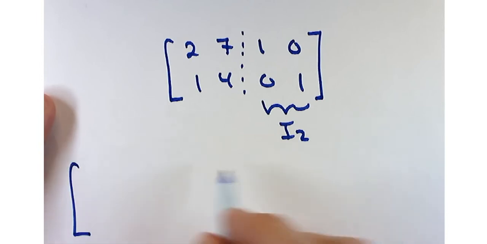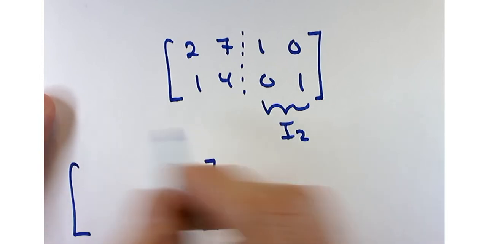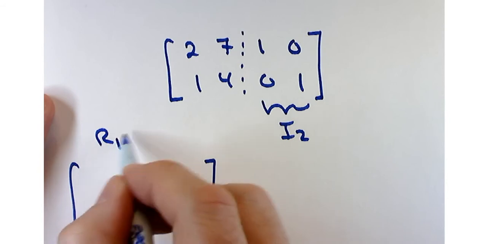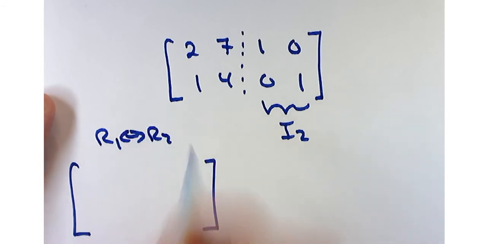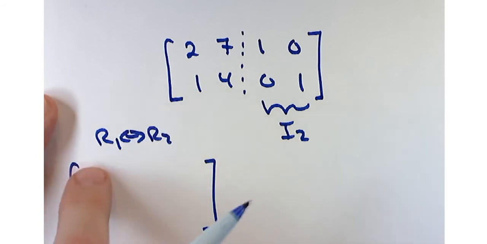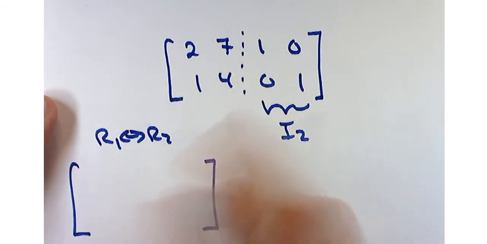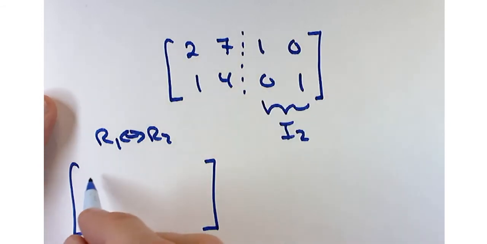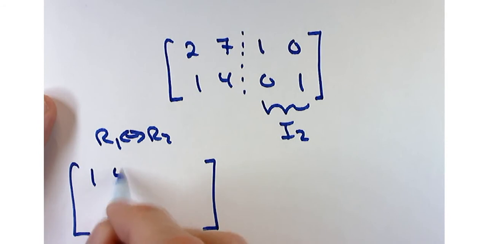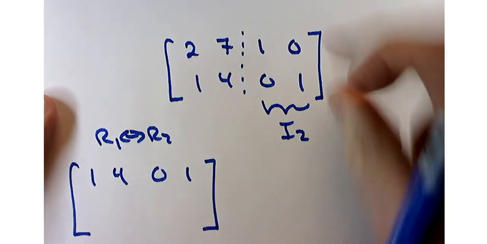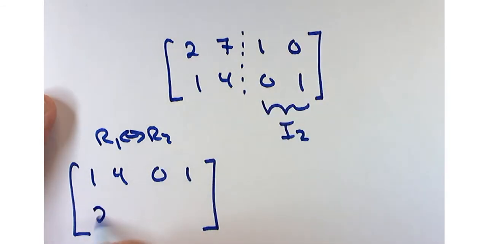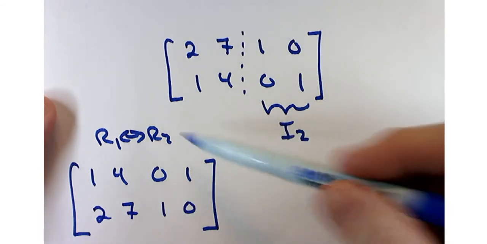And by hand, I think I would interchange row 1 and row 2. I want to get a 1 up here in the upper left-hand corner. So that would be 1, 4, 0, 1. And then 2, 7, 1, and 0. So all I did is I swapped row 1 and row 2.